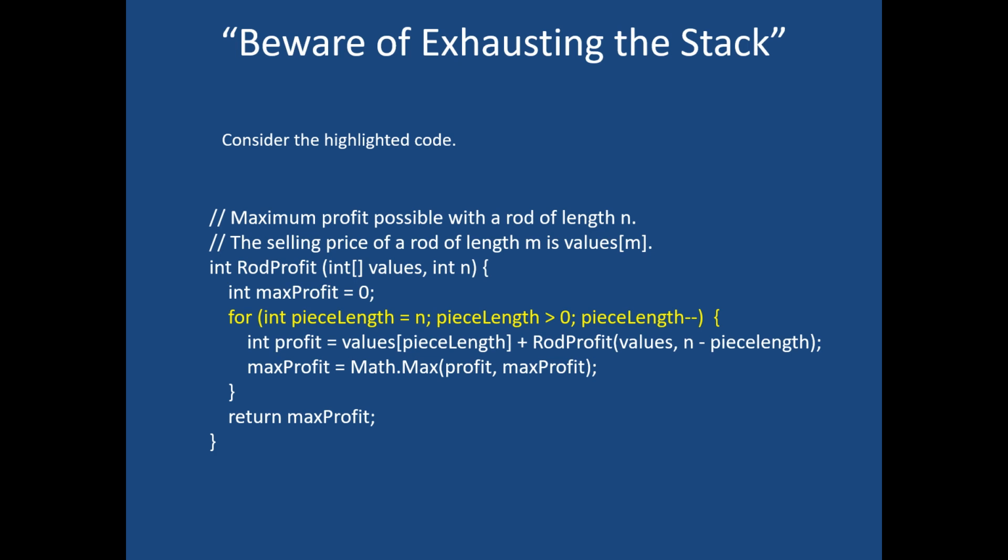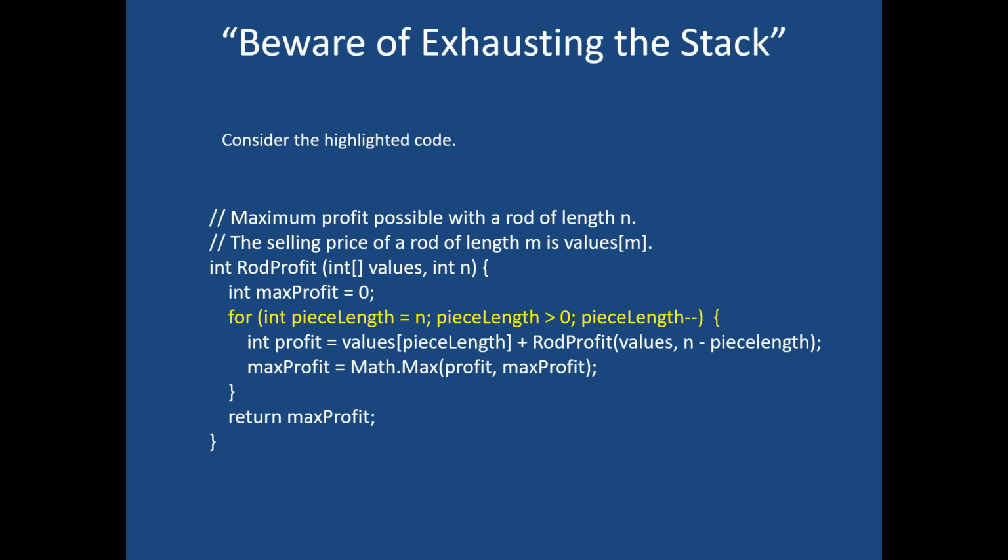What's going to happen with piece length of 27? We'll have a frame for piece length of 27, then it'll make a call to rod profit where piece length is 3. That'll call piece length of 2, but 2's already cached, so we only got 3 deep. We're never going to get more than 3 levels deep in recursion.